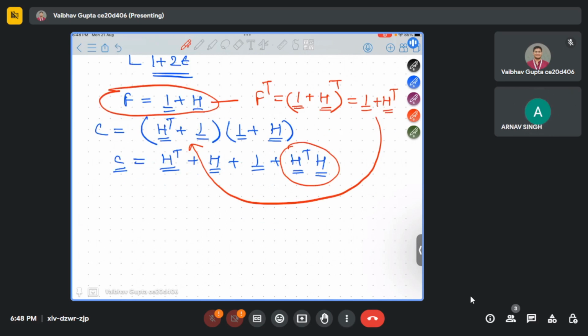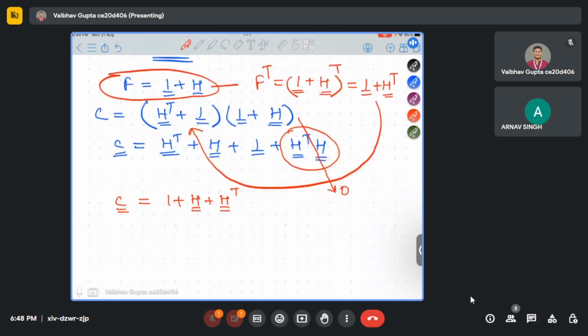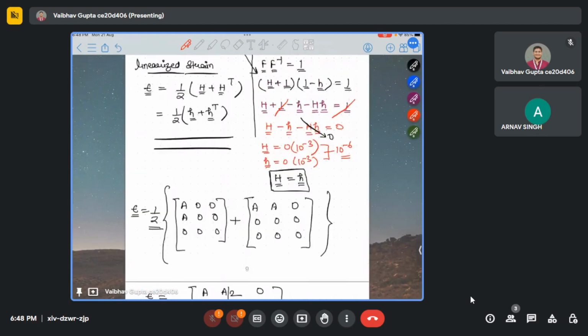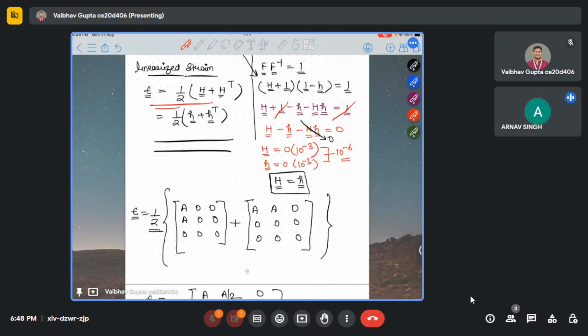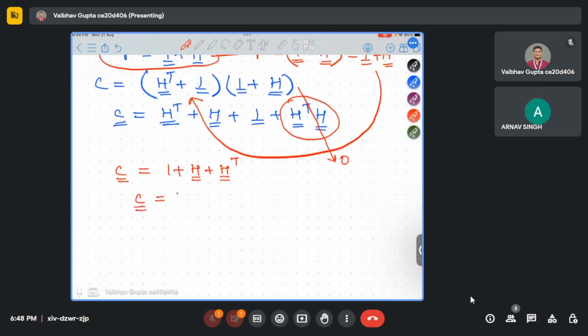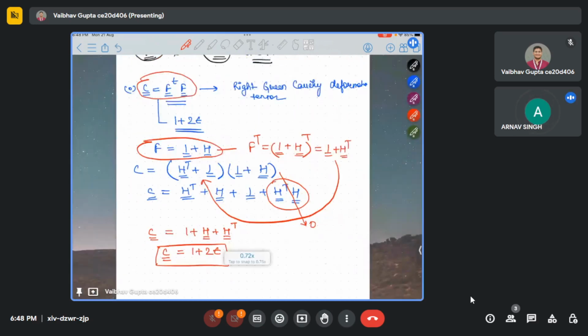If the order is 10 to the power minus 3, the product term becomes 0. So what is left? 1 plus H plus H transpose. And we have seen before that strain is half of this, so H plus H transpose is nothing but 2 epsilon, giving 1 plus 2 epsilon. Got it?